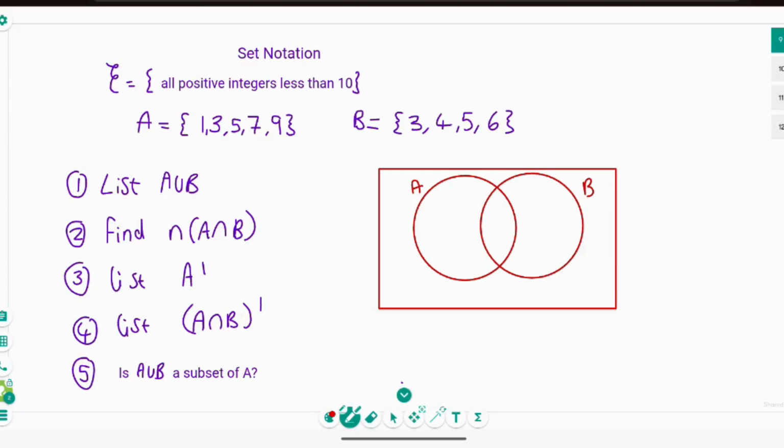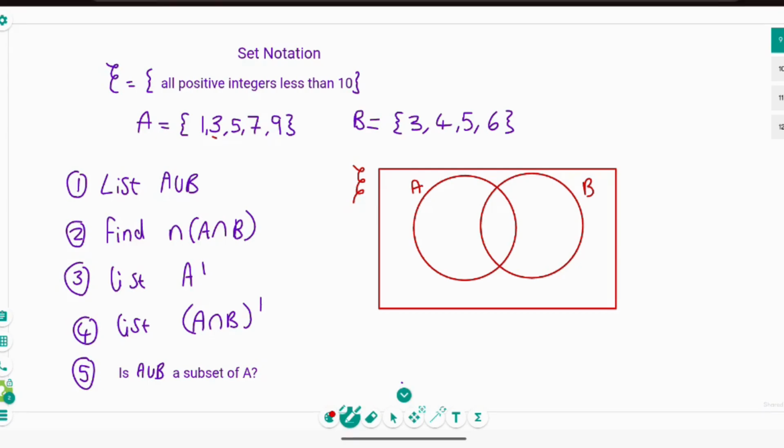Okay, let's have a look at this last example. You may feel like you want to have a go yourself now. Just put me on pause if you'd like and unpause when you're finished. I'm going to pop my information in the Venn diagram first. Okay, so which elements appear in both?